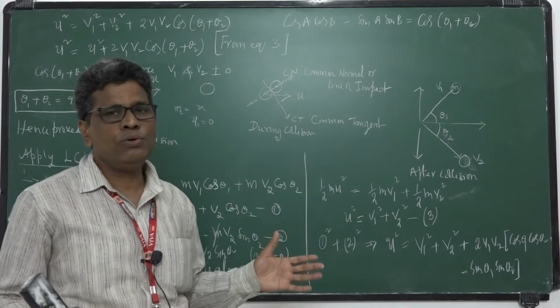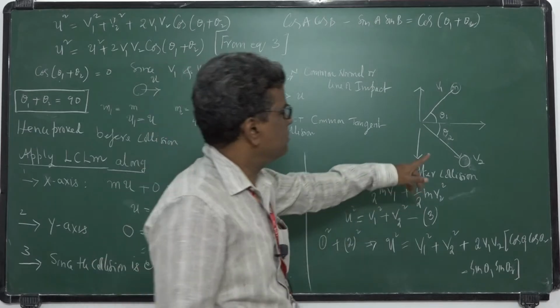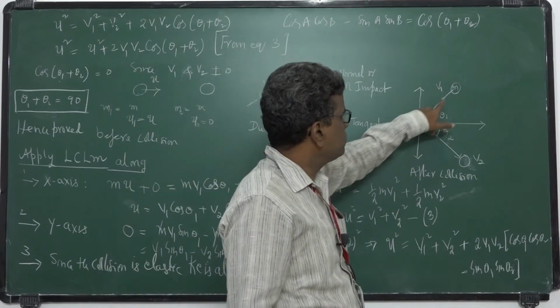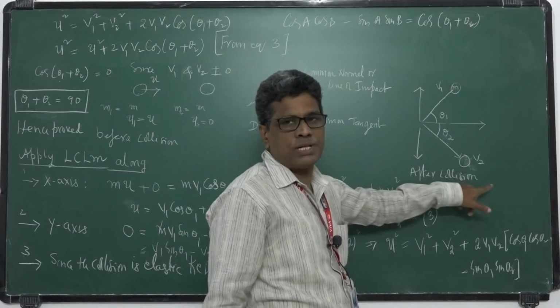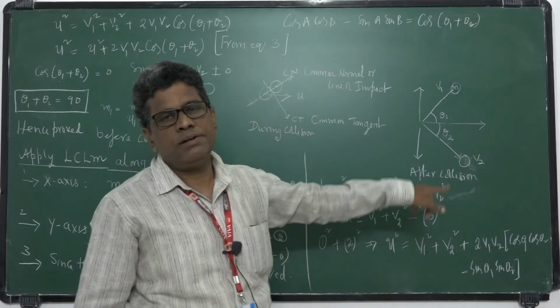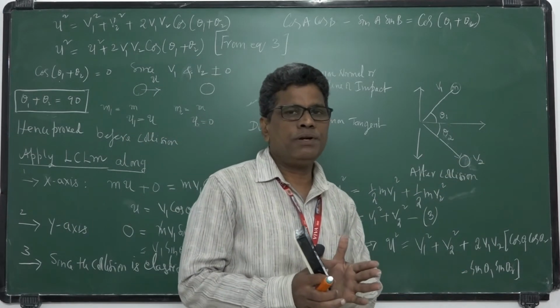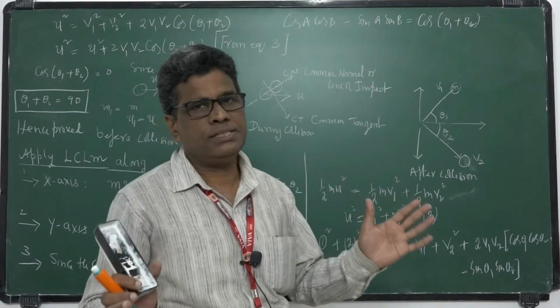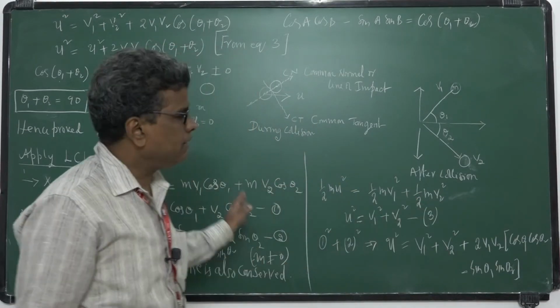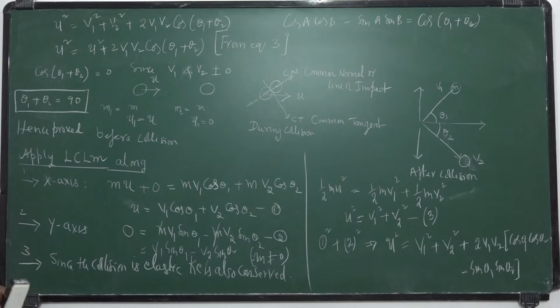So if the first one moves like this, the second one will move like this. The angle between them is 90 degrees. That is the conclusion. Clear? Take the next example.